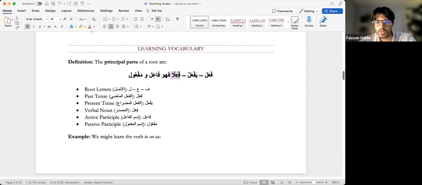Again, it is possible to guess this, but at the beginning we just learn it. So when you learn a new word, there's three things you have to learn: past, present, verbal noun. الفعل الماضي، الفعل المضارع، والمصدر. فعل يفعل فعلا، كتب يكتب كتابة.